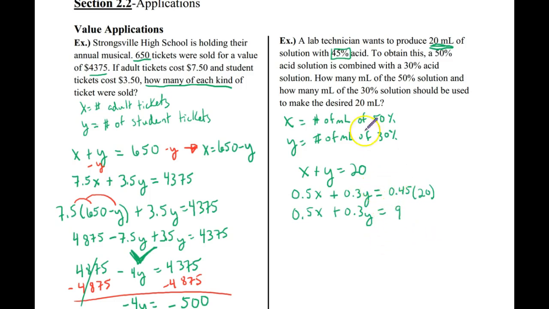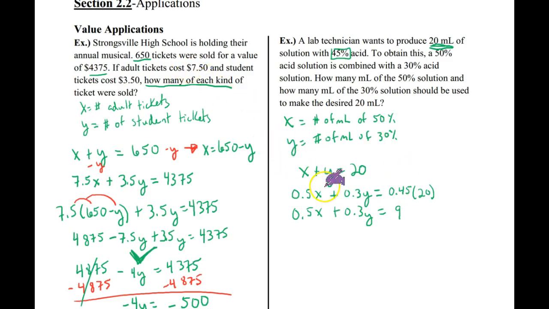Alright, if I want to use the substitution method, I need to start by getting one of the variables alone. So again, you can choose to get any variable alone that you want. We're going to try to pick one that's the easiest. Again, in this equation, I can easily get x or y alone.